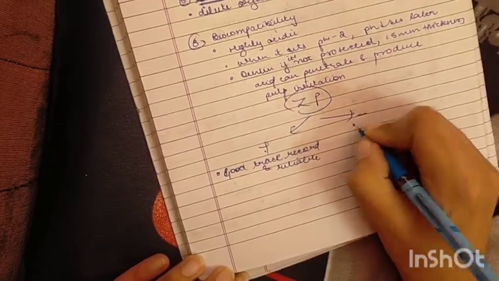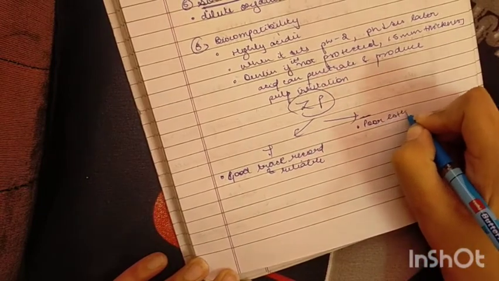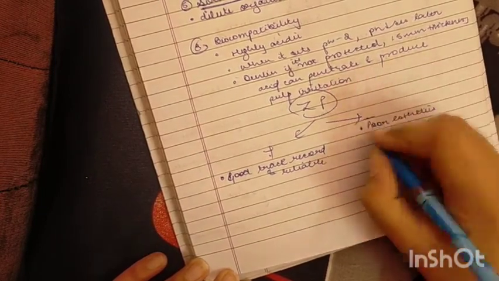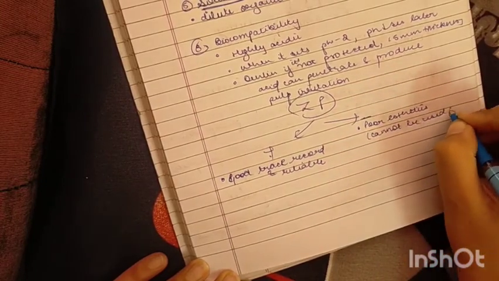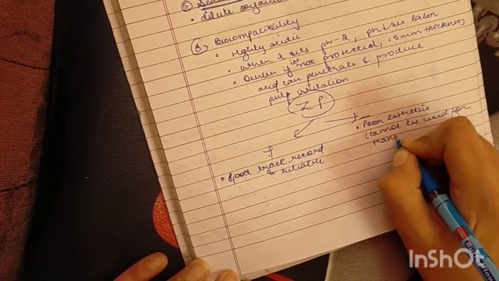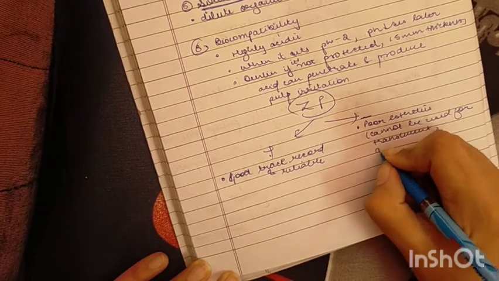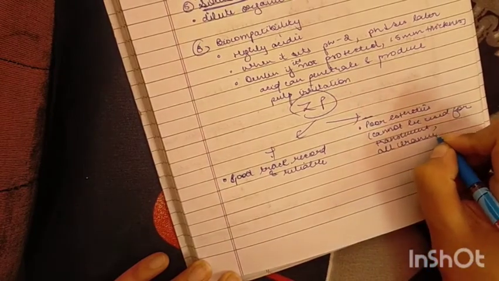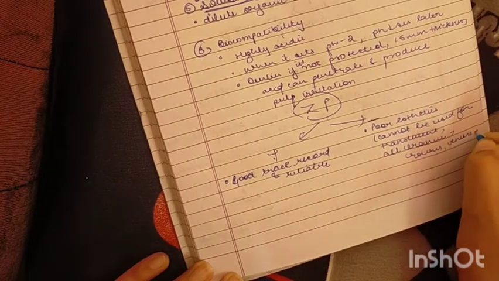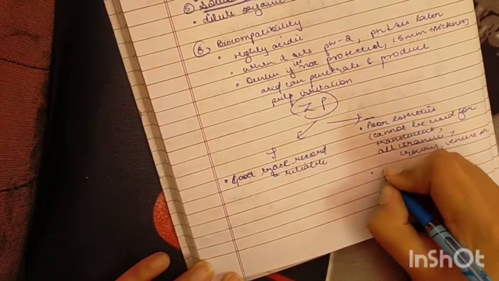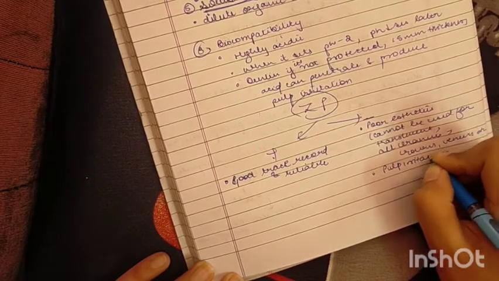Coming on to the disadvantages, it has poor aesthetics since it is opaque, so it cannot be used for translucent prostheses like all ceramics, crowns, veneers, etc. Then it also produces pulp irritation or inflammation.